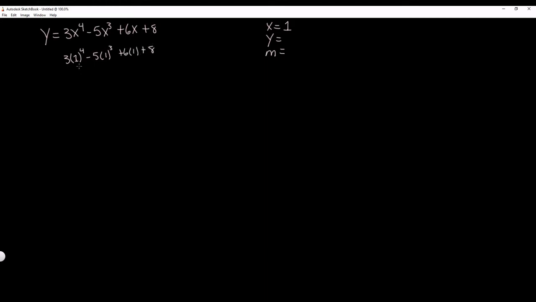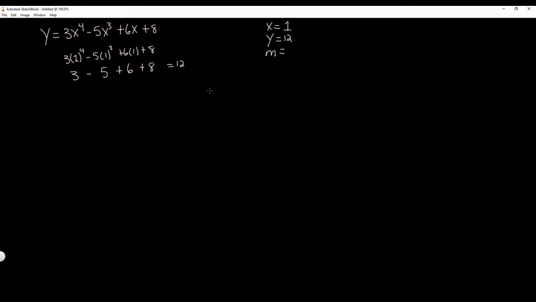If we simplified this, 1 to the 4th power is just 1, and 3 times 1 is 3, minus 1 to the 3rd power is 1 times 5 is 5, plus 6 times 1 is 6, plus 8. And 3 minus 5 is negative 2, plus 6 is 4, plus 8 is equal to 12. So our y is equal to 12.